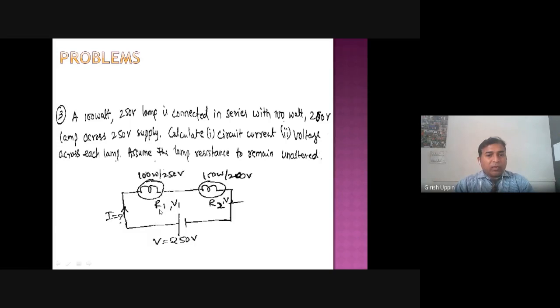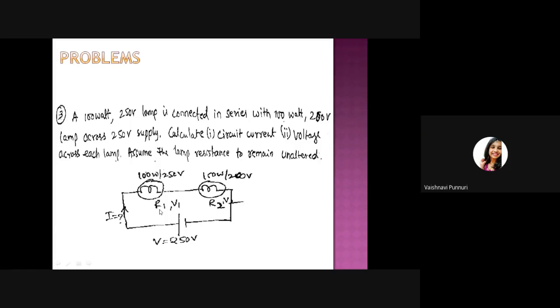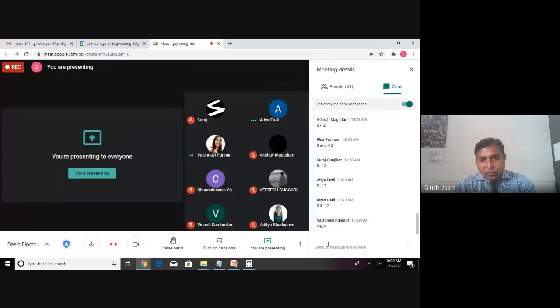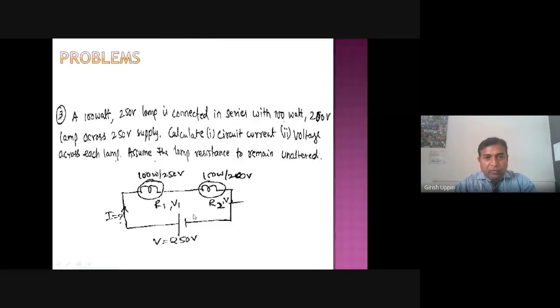What is the value of R1? 625 ohm is correct. It would be 250 square divided by 100, 250 into 250 divided by 100, which ends up as 25 into 25, 625 ohm. R1 is equal to 625 ohm. For R2, you have to use only these values.